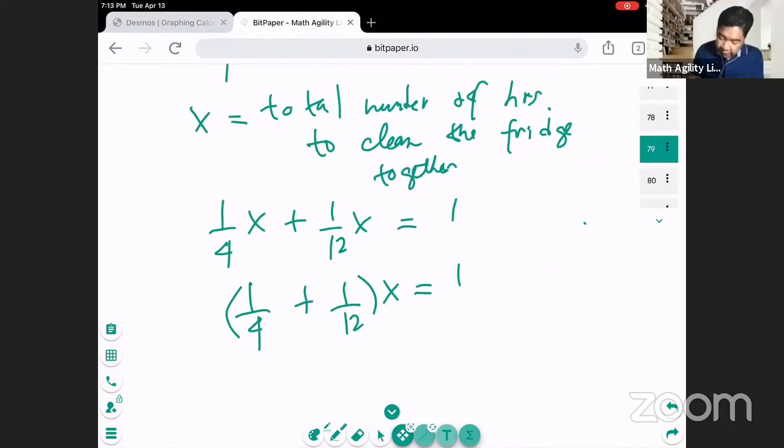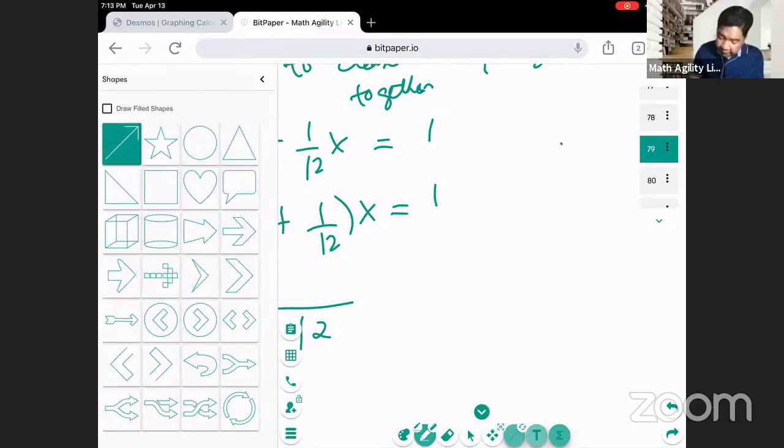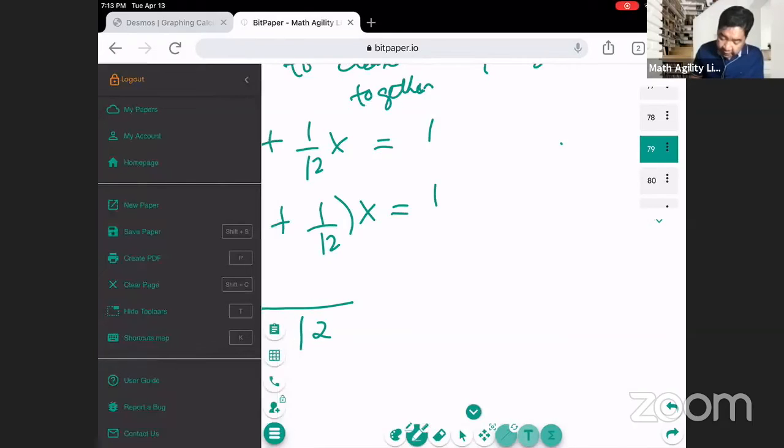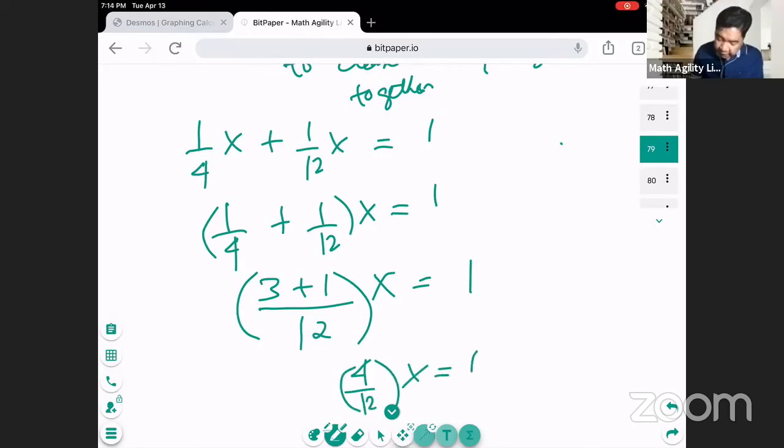The common denominator would be 12. So 12 divided by 4 is 3 times 1 would give us 3. And then 12 divided by 12 is 1 times 1 is 1. So 3 plus 1 is 4 over 12 times x equals 1, right?